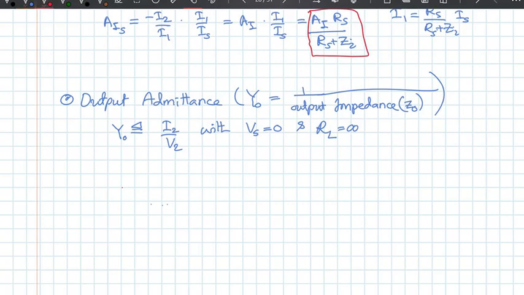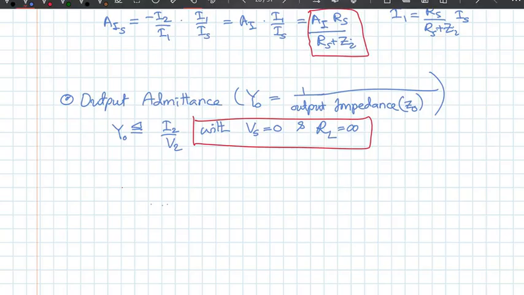Under these conditions, this is my definition of the output impedance: when there is nothing connected to the output, but the voltage input is 0. The input resistance may be there.